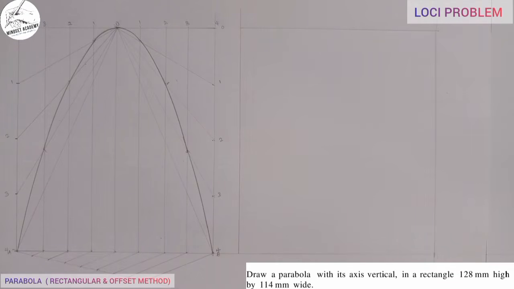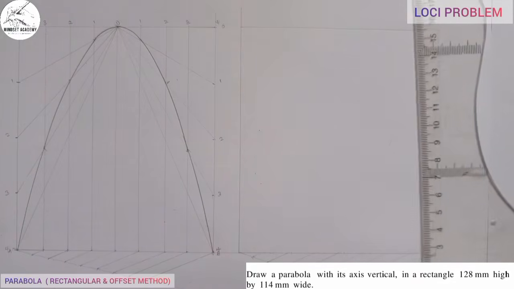Just the same way we did this, we divided into 8 equal parts. I'll divide here into 8 equal parts. From here, use your line division method, I'll be having something like this. So we'll just do the same thing and project those points upward this way.